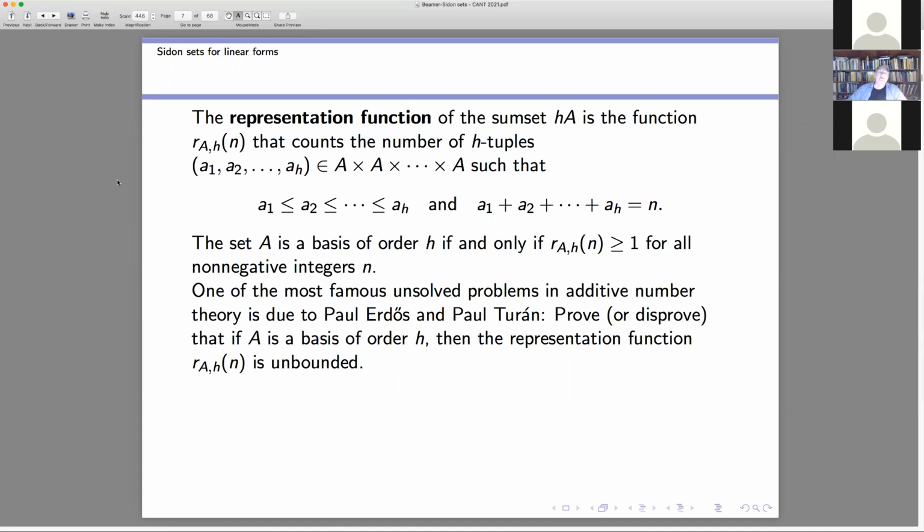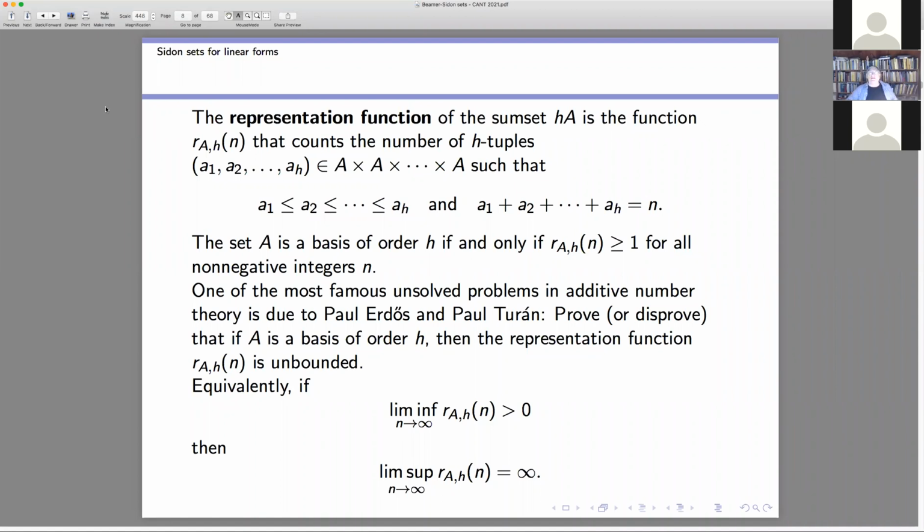This really is one of the major problems that's been around for almost 100 years. An equivalent way of saying that is that if you have a set A of integers and r_{A,H}(n) is the representation function, if the lim inf is positive, then the lim sup is infinite. This is what's sometimes called the Erdős-Turán conjecture.